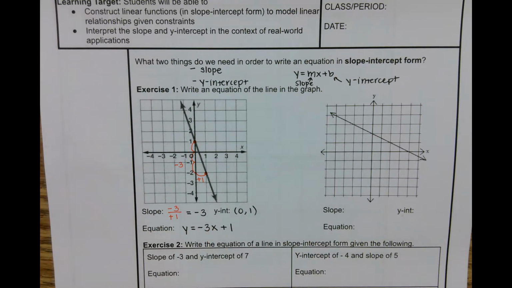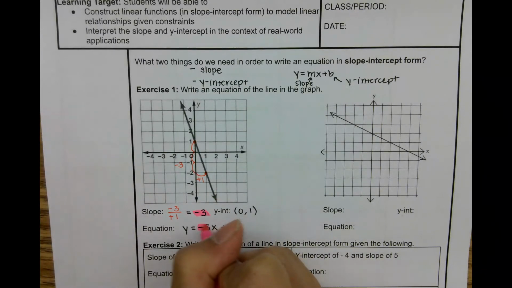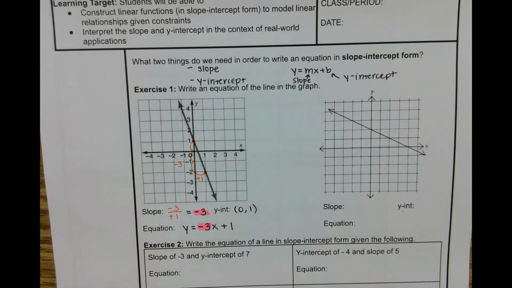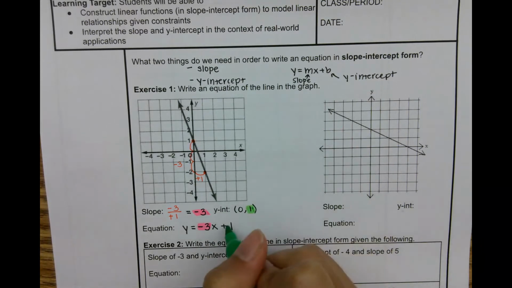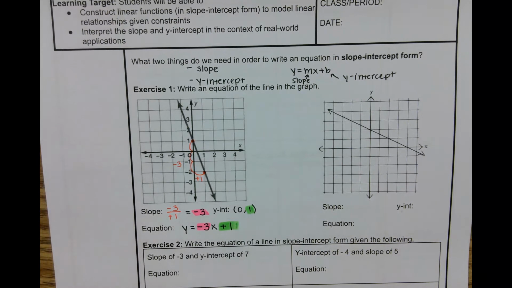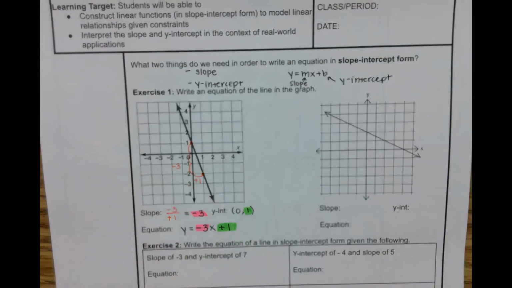Just to remember, I put the slope in here and I plugged in my y-intercept here. Nice and easy, that's all it takes. This is my equation: y equals -3x plus 1.